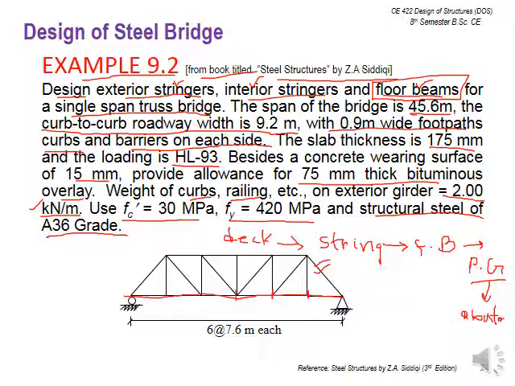If it is a girder bridge or beam bridge, then the exterior or interior stringers need to be designed as simple beams. But the plate girders, as the last step of the design of the steel bridge, you have to design as plate girders.